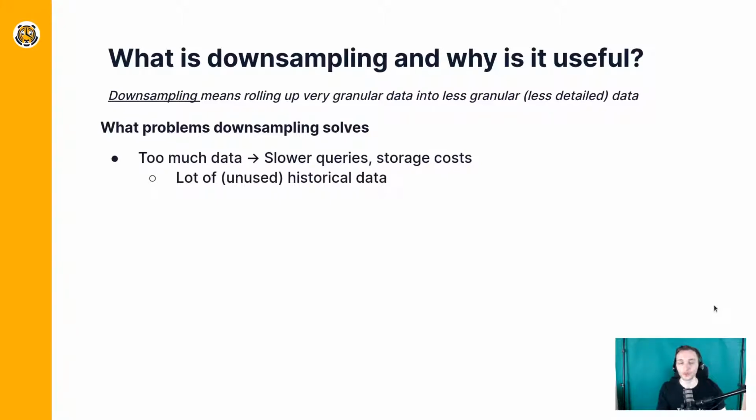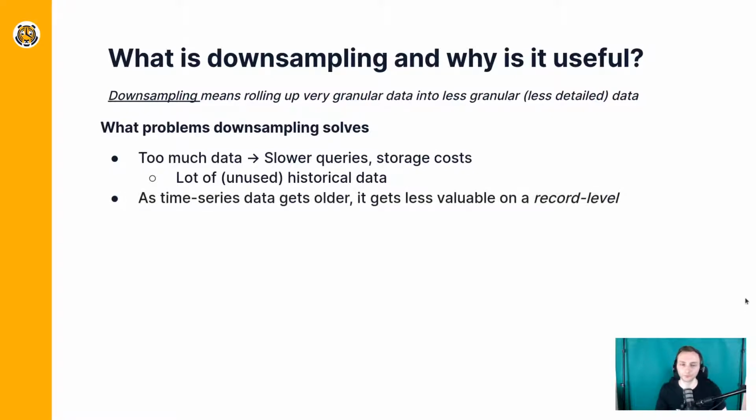And one thing to notice is when you have a lot of data, obviously the bigger part of your data will be historical data. It will be older data, so not from the past hour or the past day. It's going to be from last month or last year, or even older data.